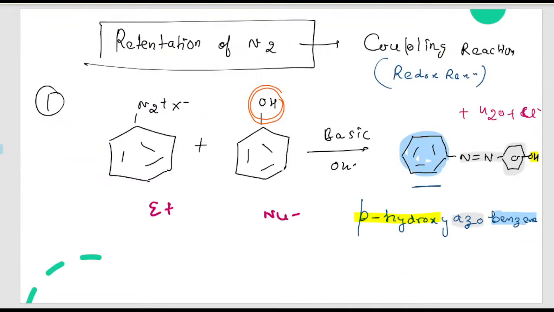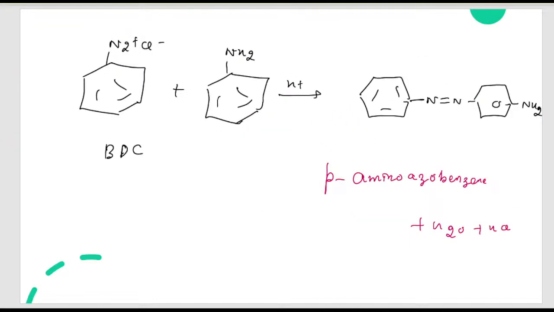See this, nothing striking in your mind? If you are using base, OH is going to combine. If you are using acid, the NH part is going to combine. We discussed pH, and sometimes it is written pH is greater than 10, basicity, and sometimes pH is less than 5, an acidic condition. You have to search for these hidden key points in the question.